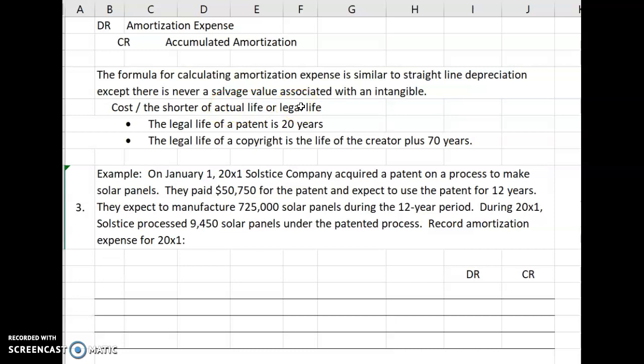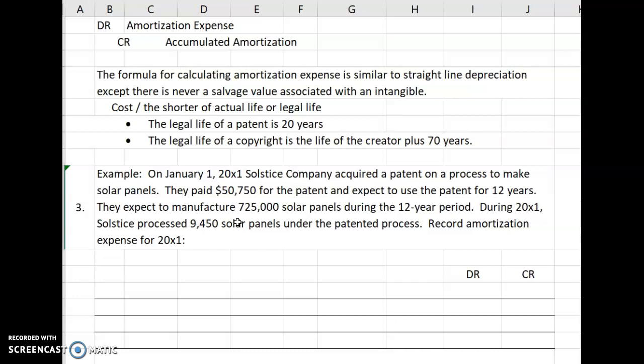No other complications are involved. So let's read this example together. Then I'm going to ask you to pause your video, calculate amortization expense for 20X1, and prepare the adjusting journal entry to record amortization expense for 20X1.